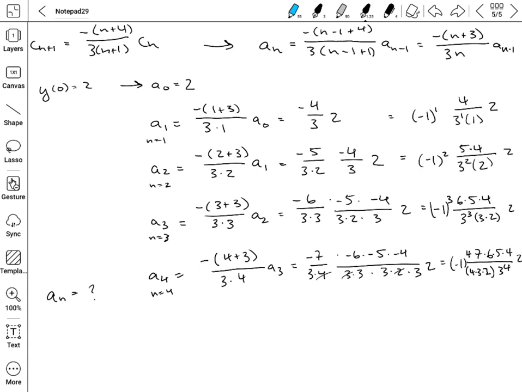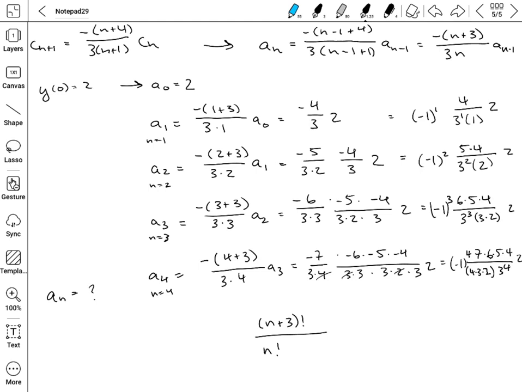And so what I seem to have is on bottom, I've got an n factorial. That's my 4 times 3 times 2 for n equals 4. And then on top, I do 7 factorial when I'm at 4. So I've got n plus 3 factorial. So when I plug in 4, that starts from 7.